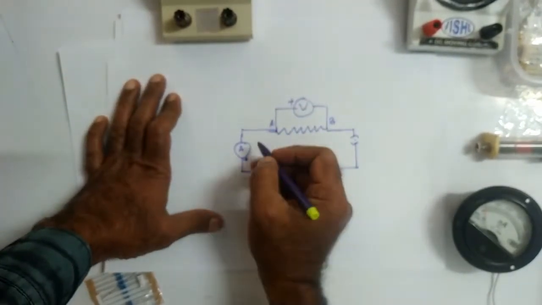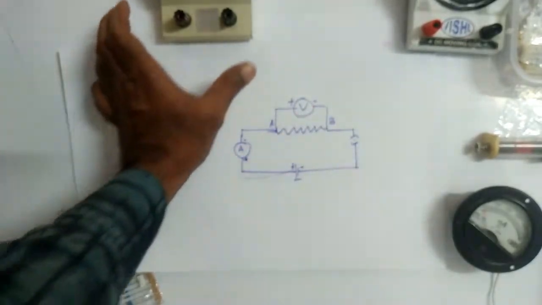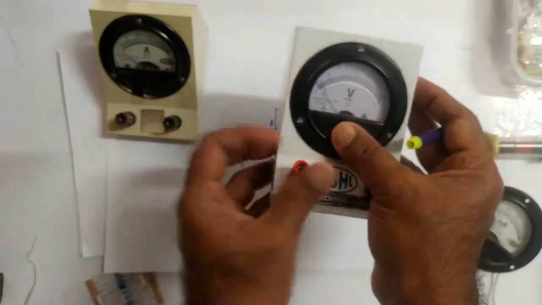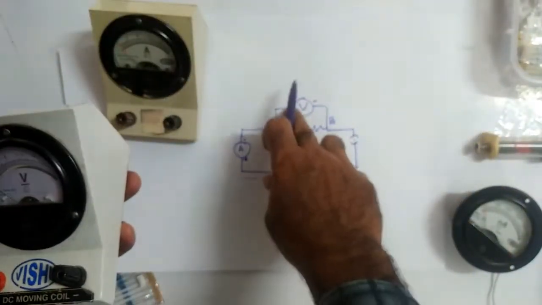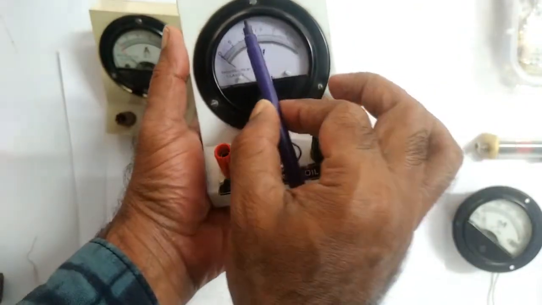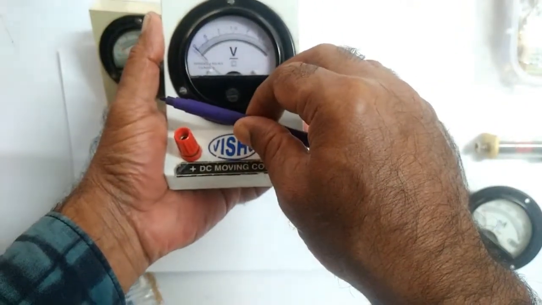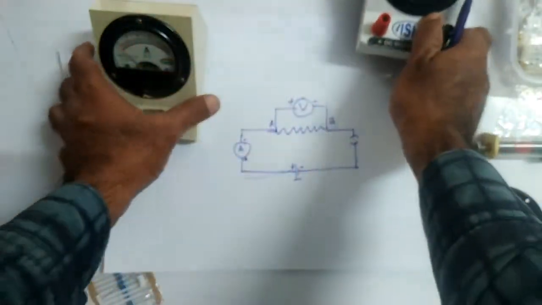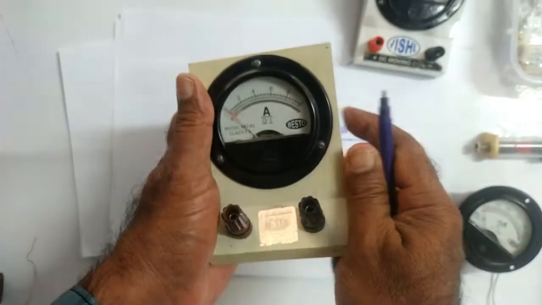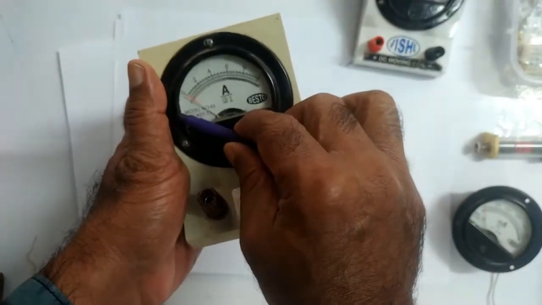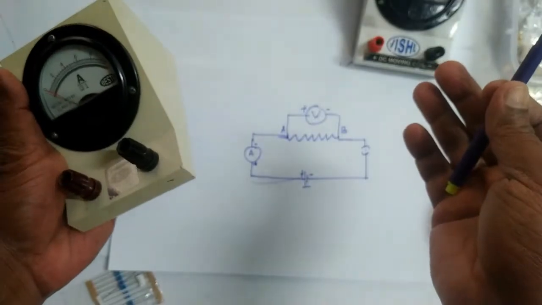In case you miss these terminals, suppose you have not connected properly as said here, then instead of the needle moving forward, it will be moving back. So you can correct it afterwards. In the same way, if you connect it wrongly, then instead of moving forward, the needle will move backward. So we will not be able to measure.